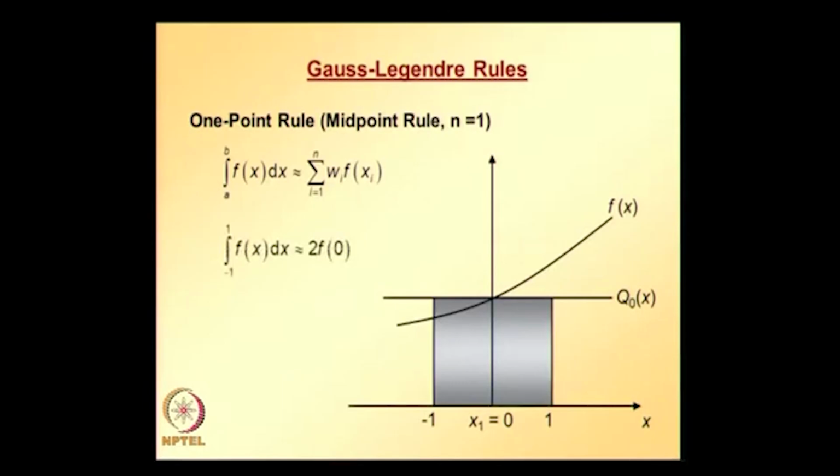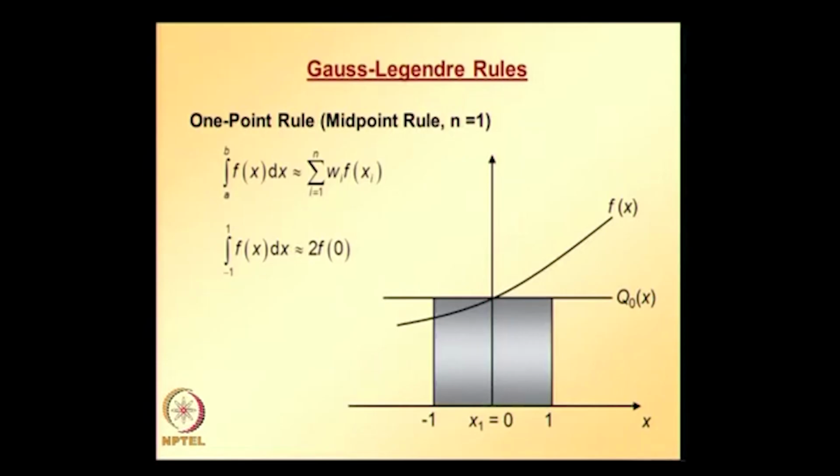So the integral from minus 1 to 1 of f(x) dx is approximated as some weight times the function evaluated at the midpoint of minus 1 to 1. What is the midpoint of minus 1 to 1? It is 0. So the function is evaluated at 0, and the weight here is 2, so 2 times the function evaluated at 0.